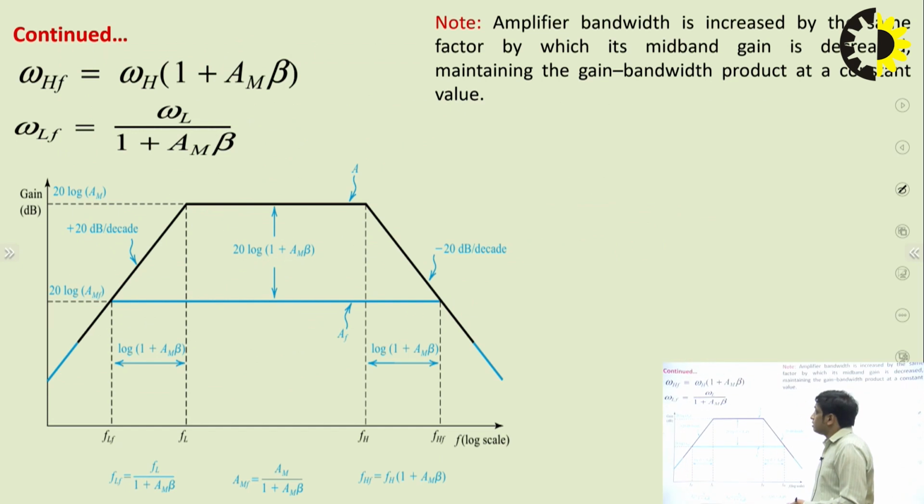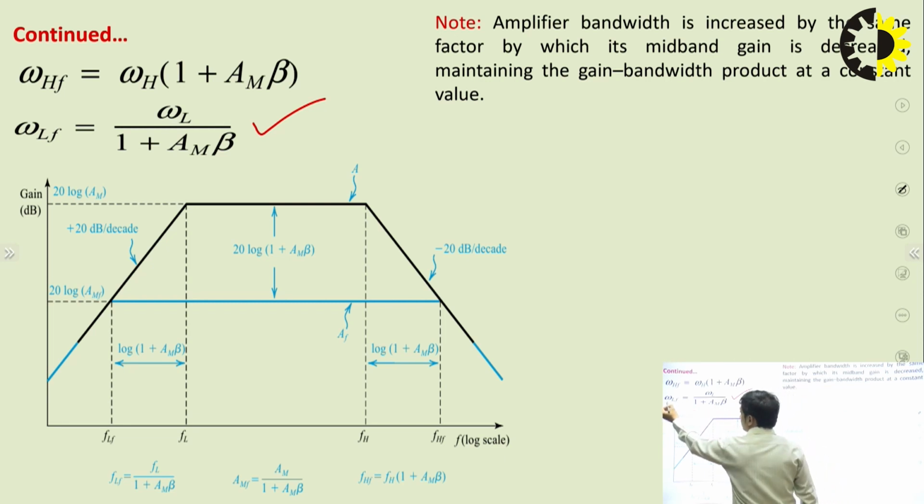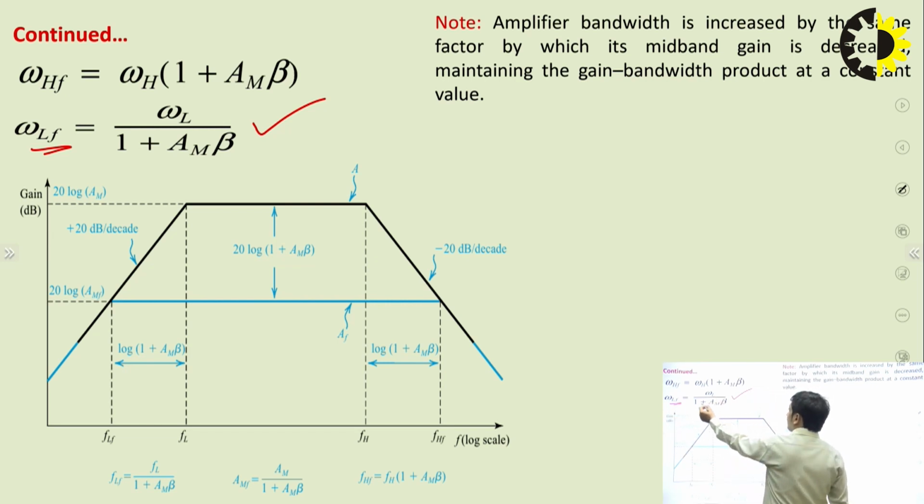Similarly, we can do it for the lower 3 dB frequency also, and you will get that the lower 3 dB frequency with feedback, omega LF, is omega L upon 1 plus AM beta.